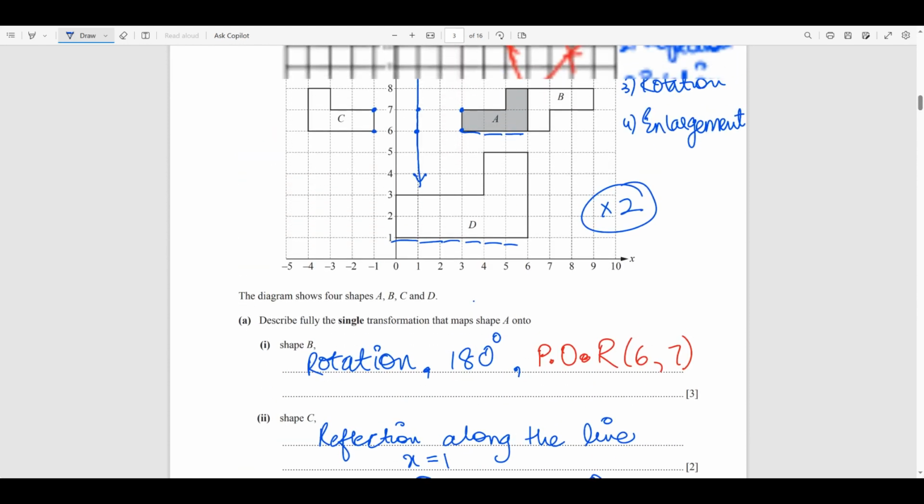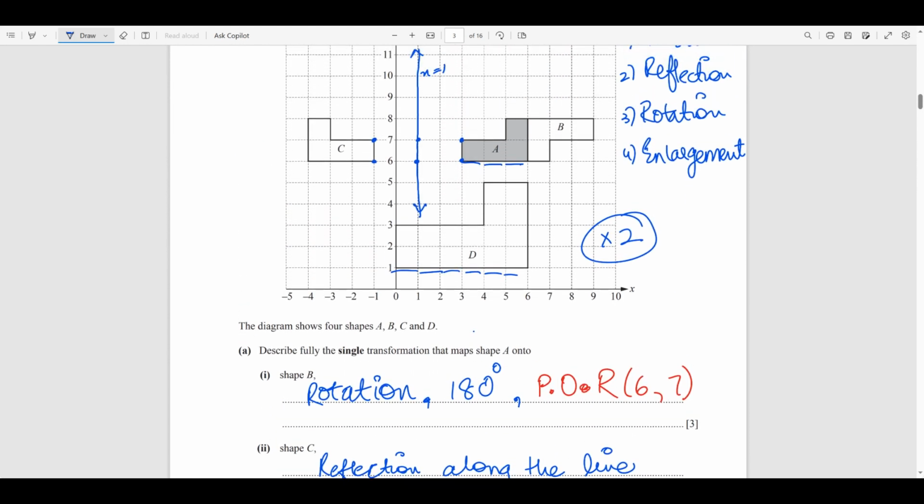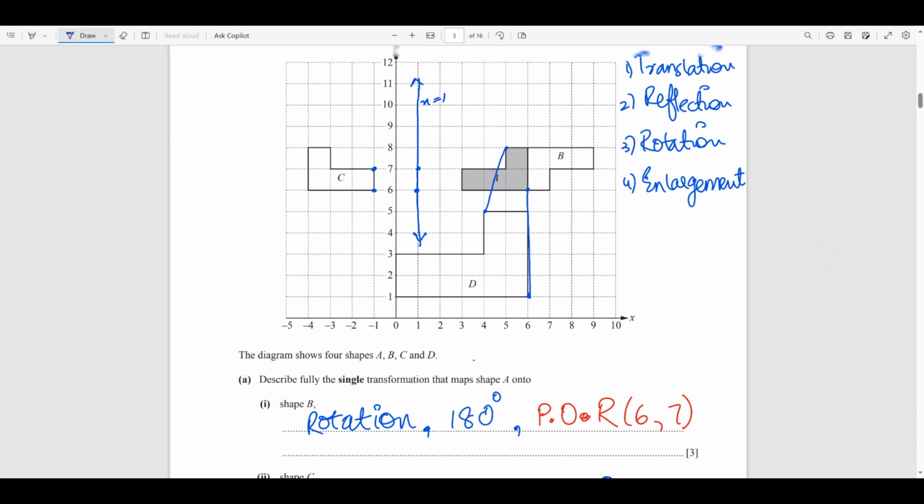All right. And how do we calculate the center of enlargement? We connect corresponding points. For example, I'm going to connect these 2 points. These two are corresponding, right? And any other 2 points, like these 2 points. Let me connect them. Where these two lines intersect, that's going to be our center of enlargement, right?